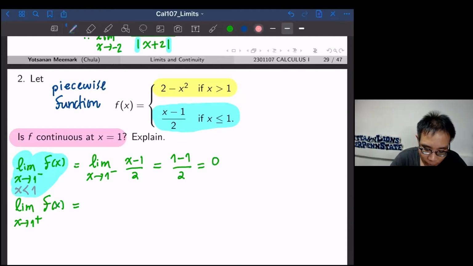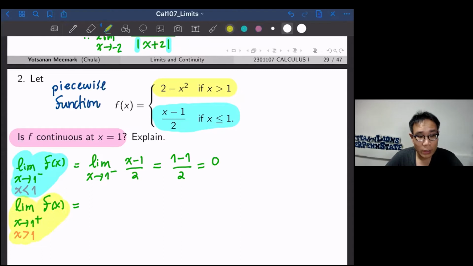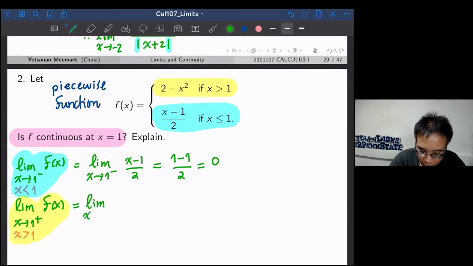Now the limit as x goes to 1 from the right of f(x). In this case x is more than 1, so you are in the yellow formula. You have the limit as x goes to 1 from the right of 2 minus x squared.